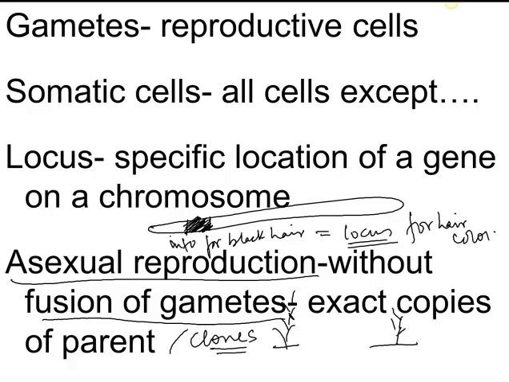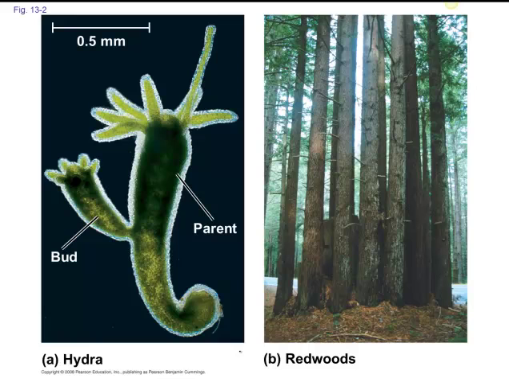It has the same genetic makeup, like a clone. Other living examples are hydra, or yeast, which can do budding and give you asexual reproduction. The redwood trees in California are known to propagate by asexual reproduction.